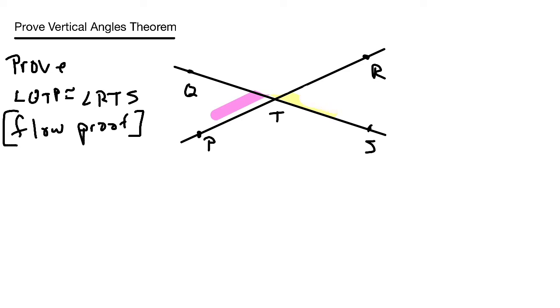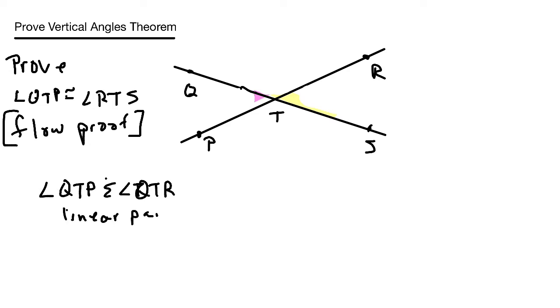So, I think it might be time to get started. Let's see, what do I know from the diagram itself? Well, I know that angle QTP and angle QTR form a linear pair.